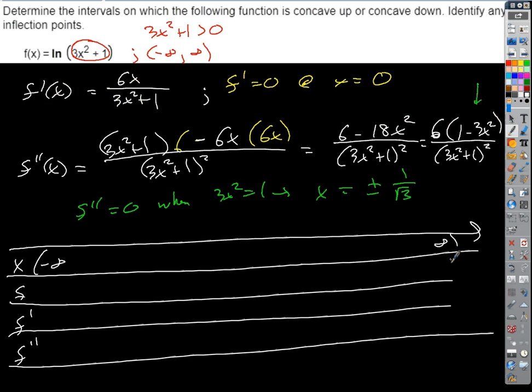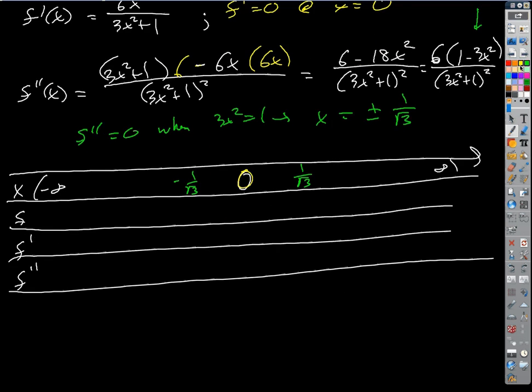So we had the first derivative critical number at 0. For the second derivative, the places where it is 0 are at positive 1 over root 3 and negative 1 over root 3. Those two are zeros.